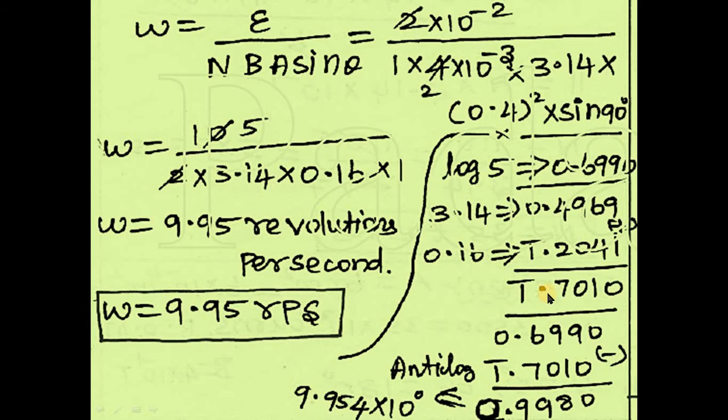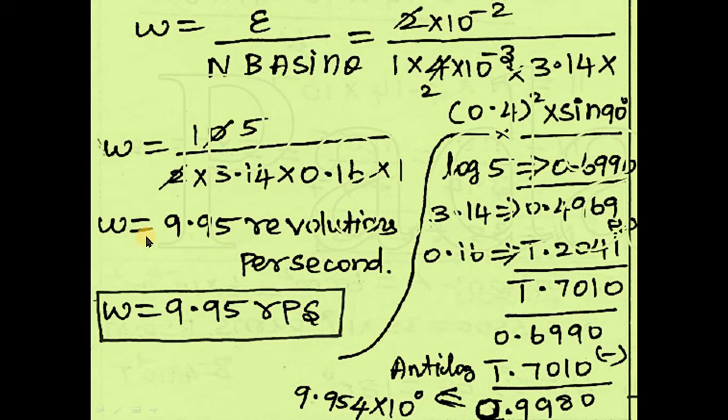Adding these two values, bar 1.7010. Then subtract from log 5. Log 5 value is 0.6990, and log of the denominator term is bar 1.7010. Subtracting these two values, we obtain 0.9980.